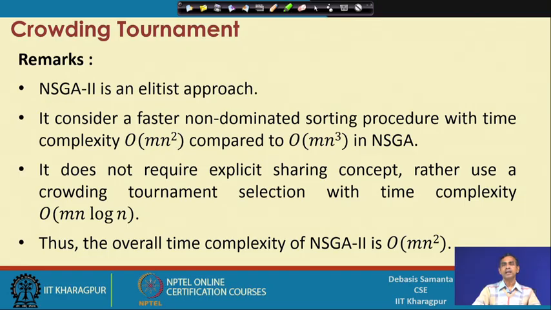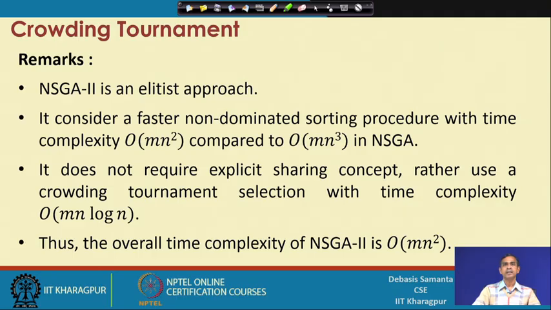So far as the time complexity is concerned, the total time complexity here is order of mn square, compared to order of mn cube in the NSGA concept, and it does not require any explicit sharing concept as in the NSGA method.